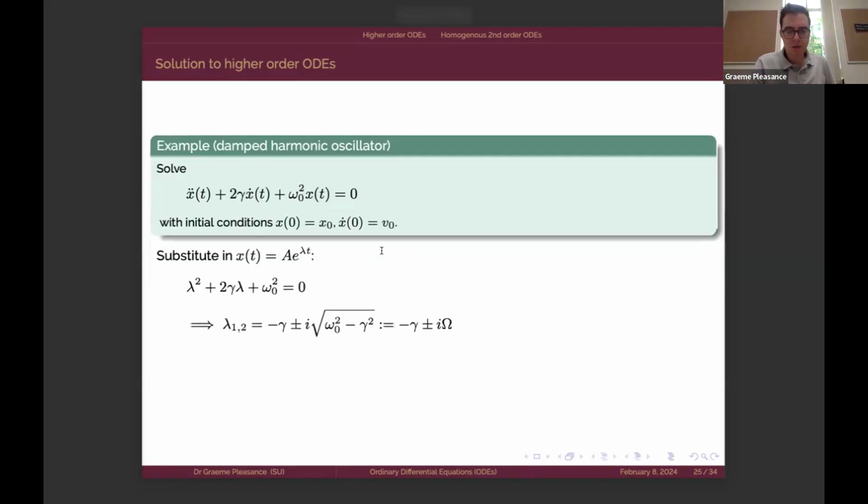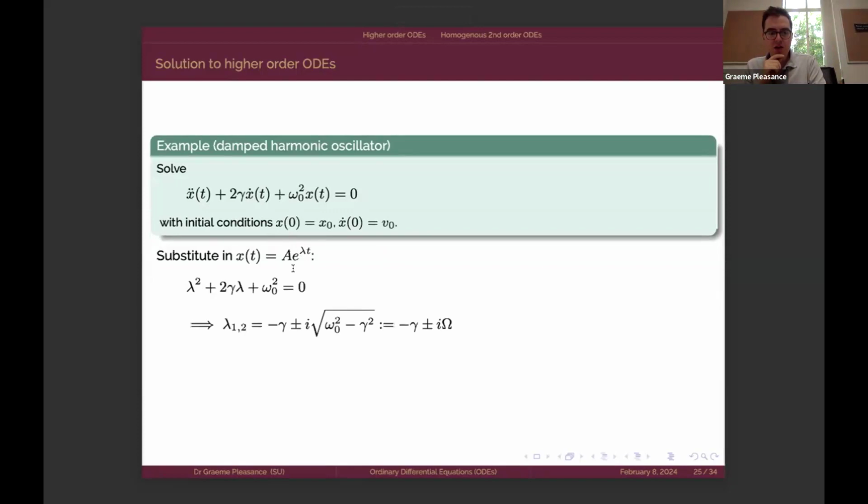Okay, and so what we do is we use the approach that I mentioned on the previous slide. We use an ansatz of this form and substitute that into this equation. This then generates the corresponding auxiliary equation.